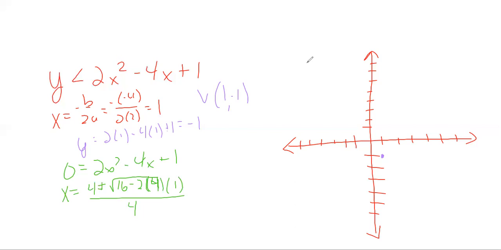If I add all this mess together, that's 16 minus 8, which is 8. So this is going to be 4 plus or minus the square root of 8 all over 4, which is 4 plus or minus 2 square roots of 2 all over 4, which is 2 plus or minus the square root of 2 all over 2.